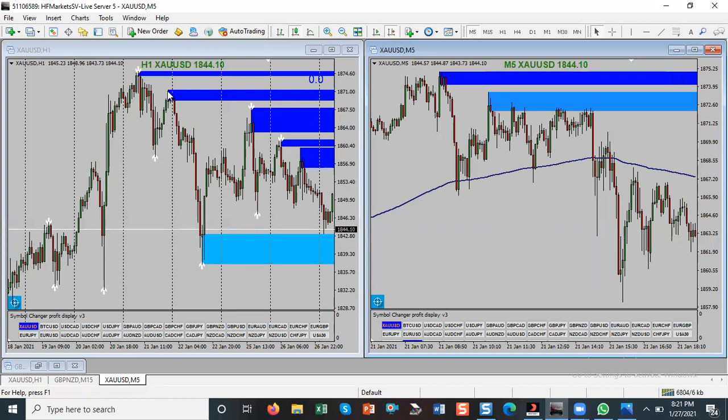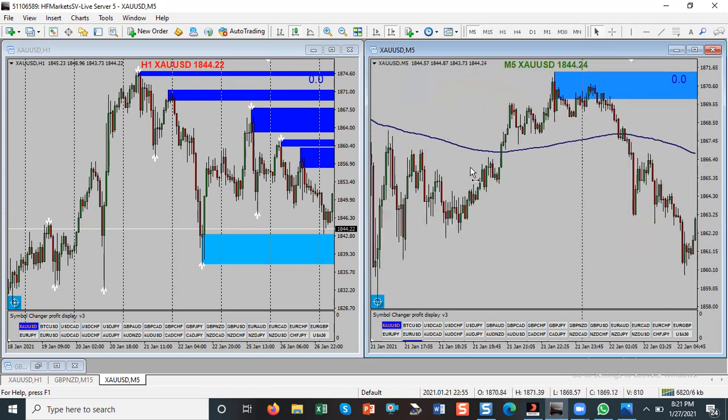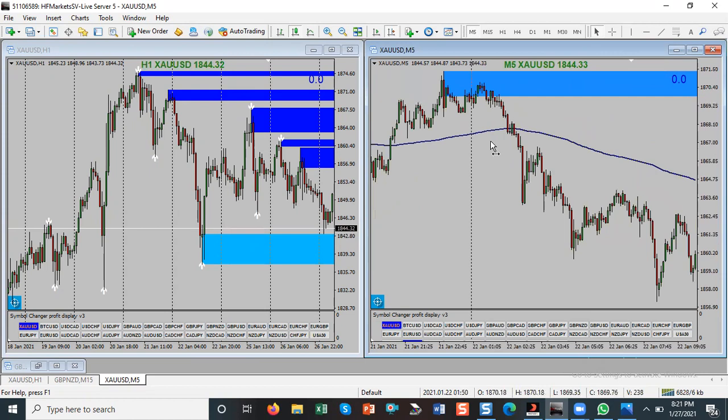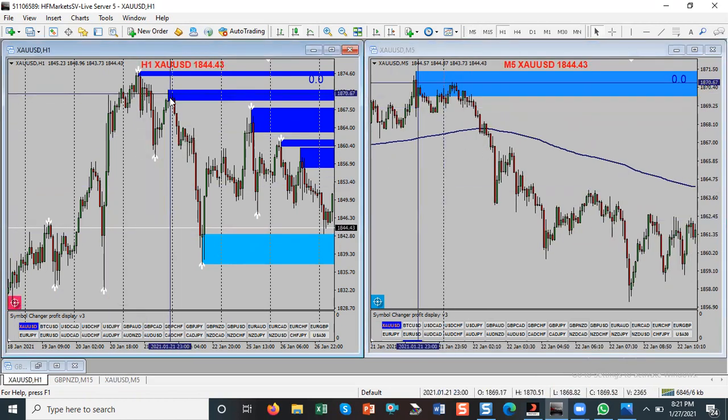Let me check. So this is the 22nd, which is here. On the creation of this supply zone that we have here, in the 5 minutes time frame, another supply zone was also created, which is this one.